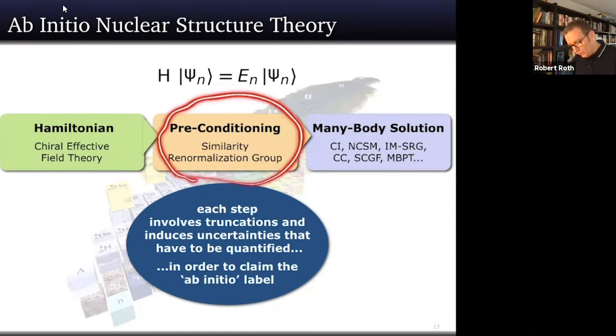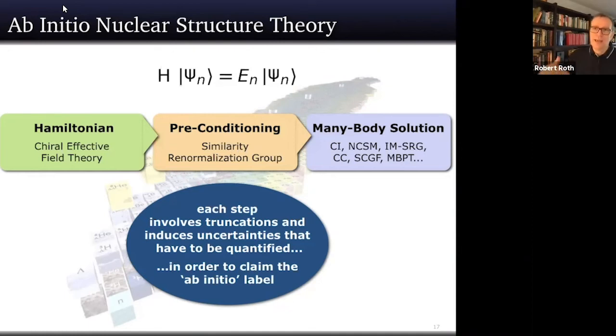If you go through some SRG preconditioning, the free space SRG, as we just discussed, you truncate at some point, you don't include induced four-body forces, for example. That causes uncertainties. And then, only then, you embark into your many-body solution, which has, depending on the scheme that you use, again lots of different truncations, approximations, and thus lots of different sources of uncertainties.